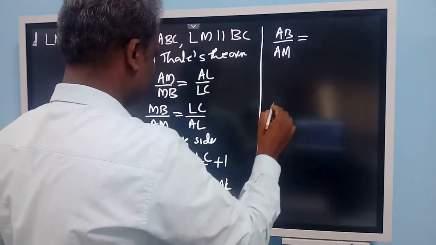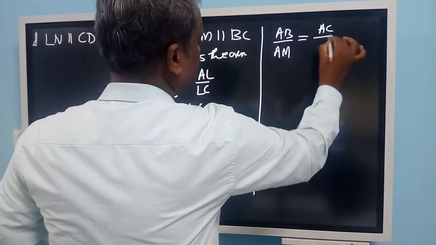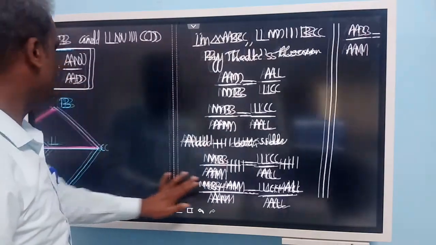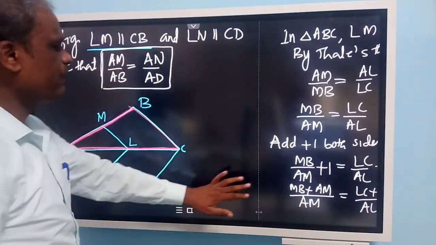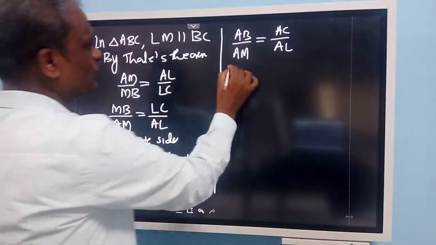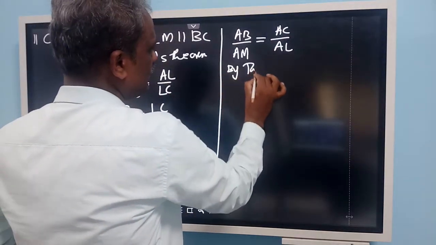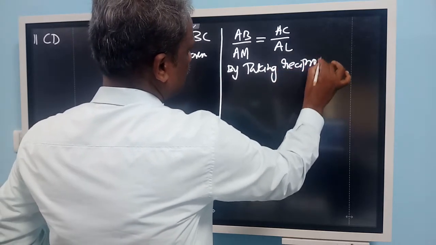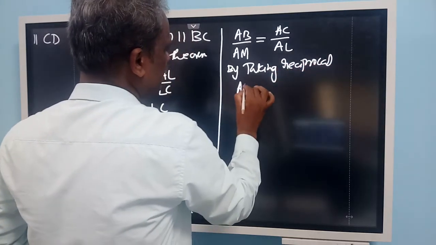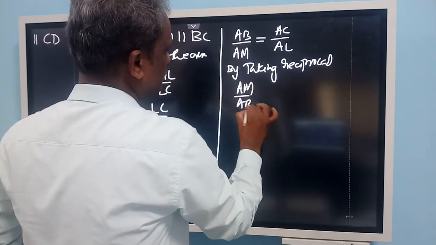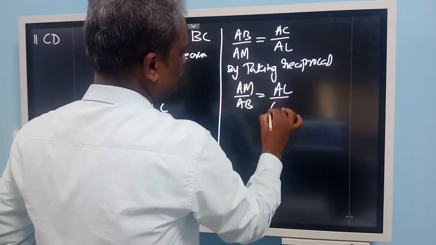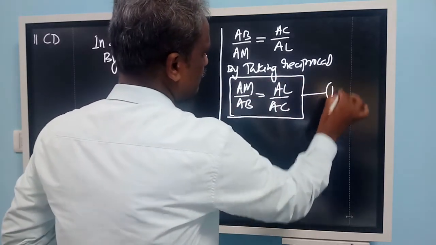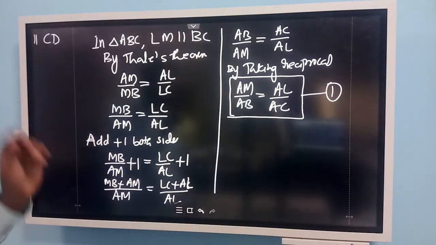So AC by AL. So we got AB by AM, but we want AM by AB. Take the reciprocal. By taking reciprocal, you will get AM by AB is equal to AL by AC. Call this as equation 1.